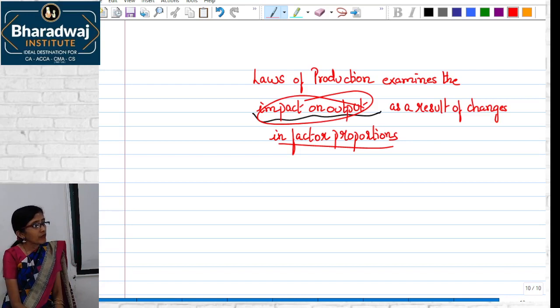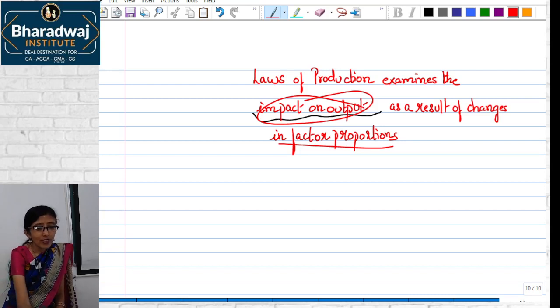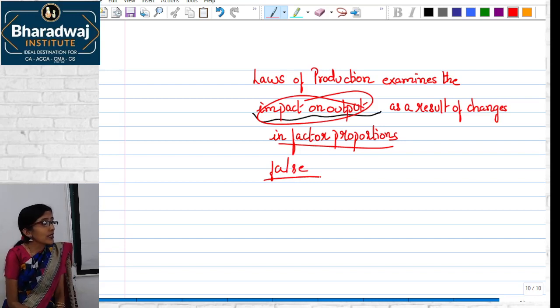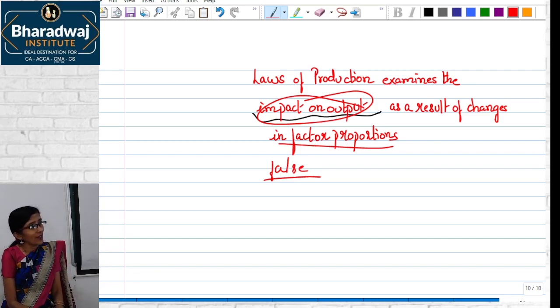If an increase in all factors leads to less than proportionate increase in output, it's called a decrease. True or false? Really? 100%? Are you sure? The answer is decreasing returns to scale.